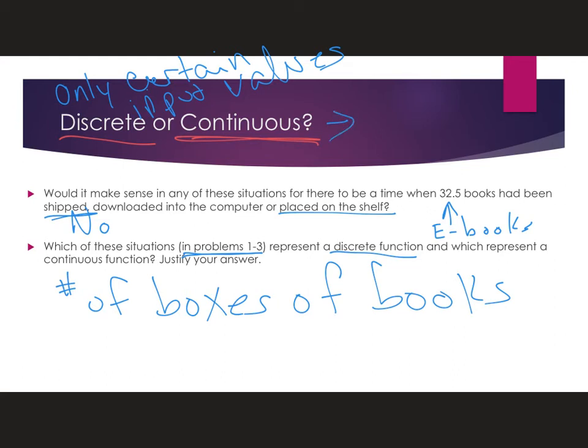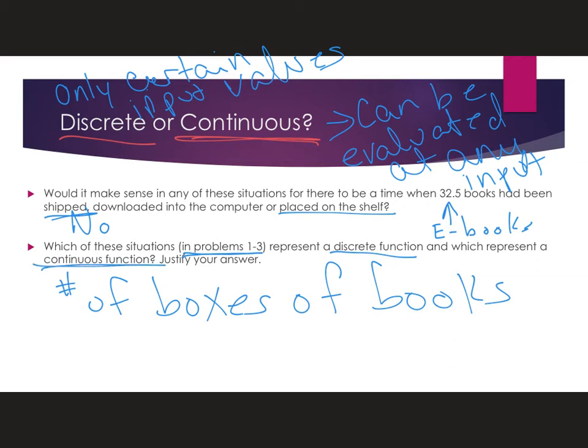Continuous can be evaluated at any point. Any input value within range. Obviously, we don't have negative time and things like that. So we're talking about a continuous function.